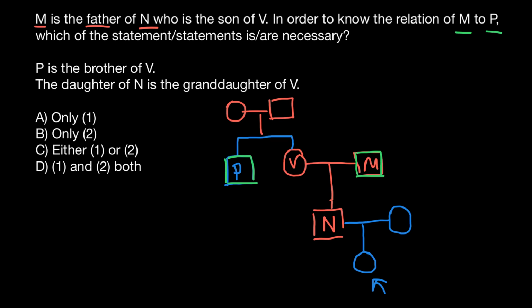And again, P is going to be a brother of M's wife, and brother of M's wife V we call brother-in-law. And we just need this first statement, and we don't need the second statement, which doesn't help us to establish a relationship between M and P.